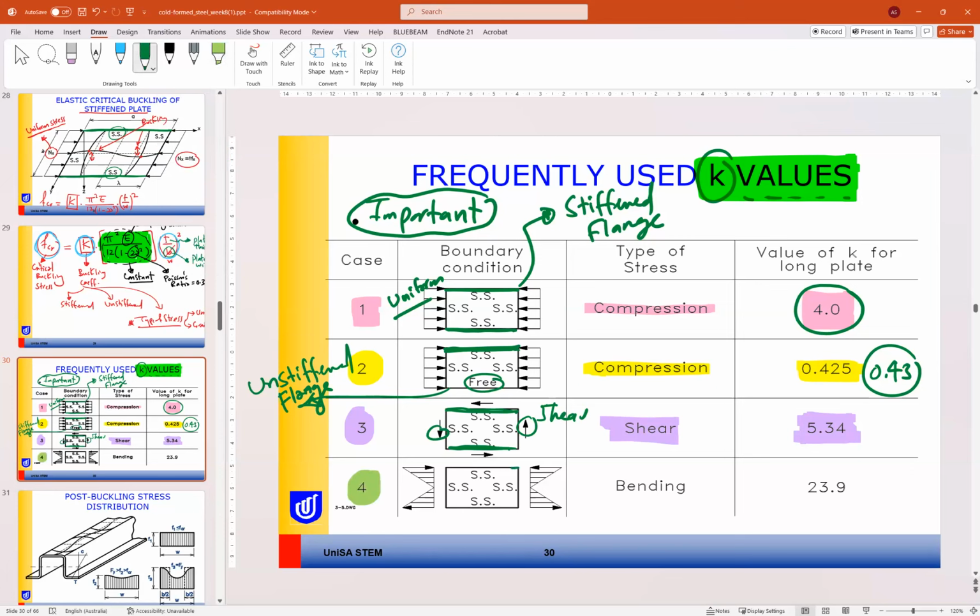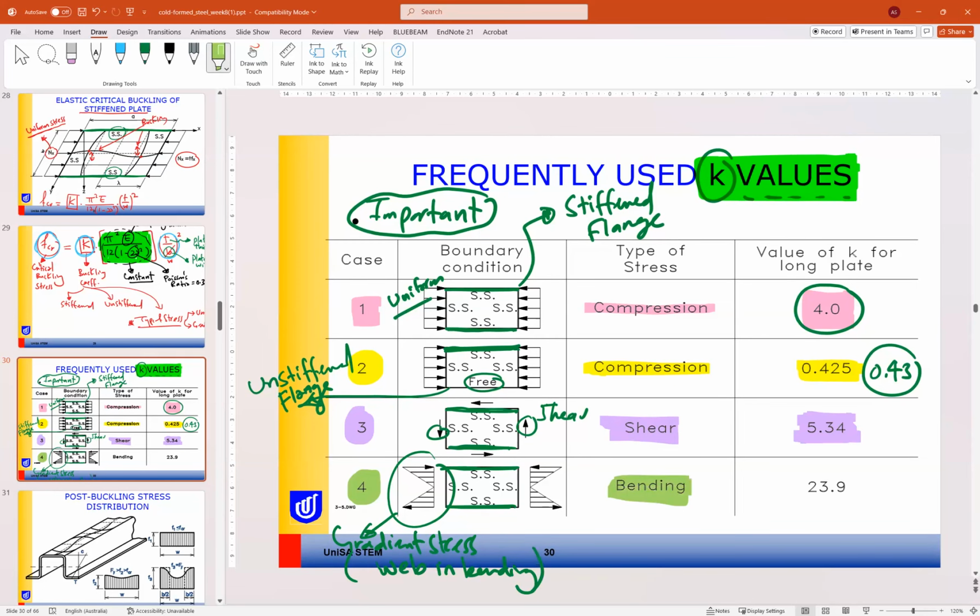The fourth one is a plate also stiffened on both edges, but under gradient stress. This is usually the web in bending moment. So in this case, under bending moment, the factor is 23.9. Why is the factor here so large?